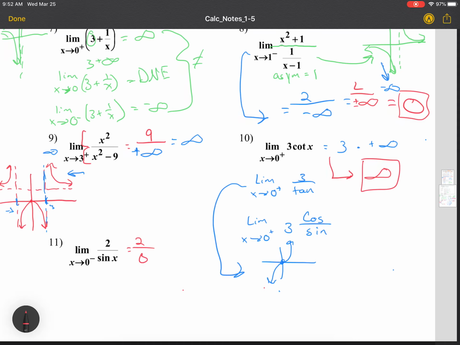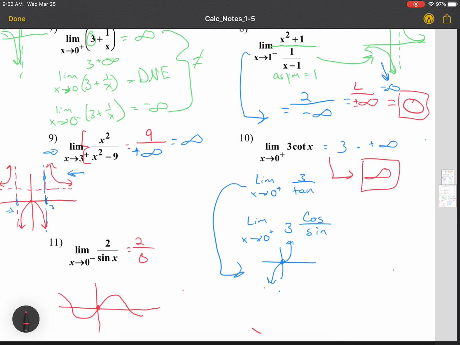And we can think about it. It's coming from the negative side up. Our sine graph should look something like this, right on that 0, coming from that negative side.